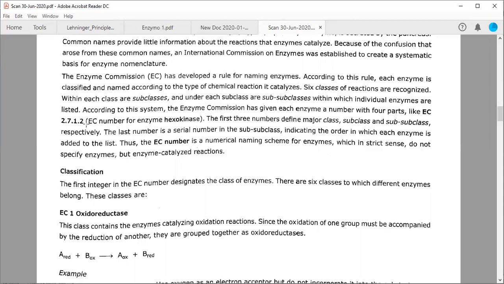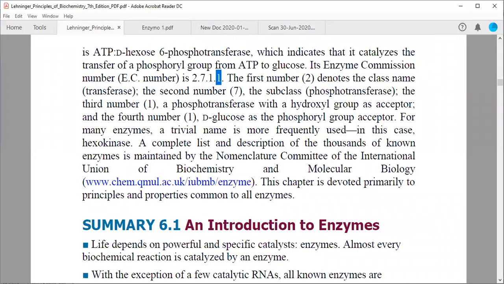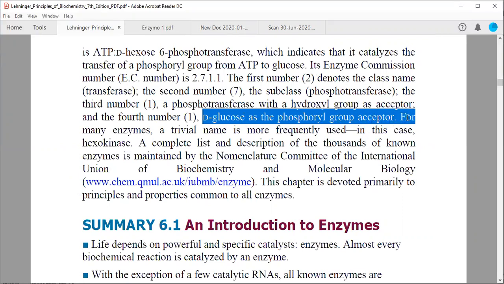And if it is a glucotransferase, it means it is transferring the group to glucose specifically. If you remember from Lehninger, it is written here that the 4th number 1 is for D-glucose as a phosphoryl group acceptor. So remember this thing. Firstly, D-glucose was found to be the acceptor, so this number was given.